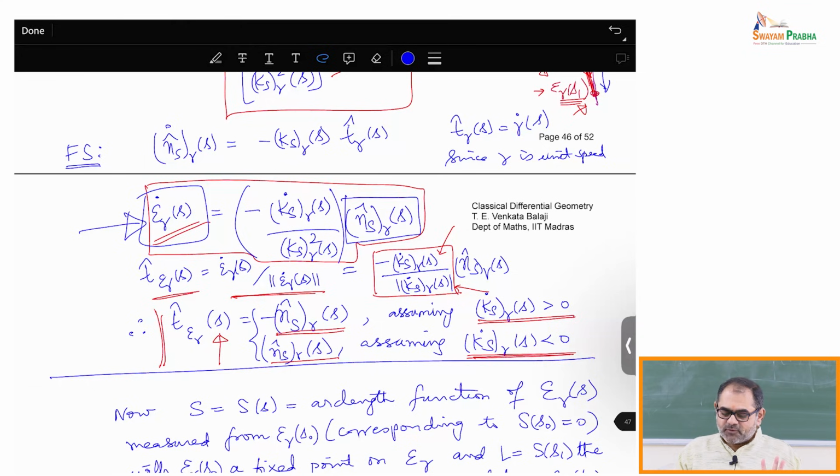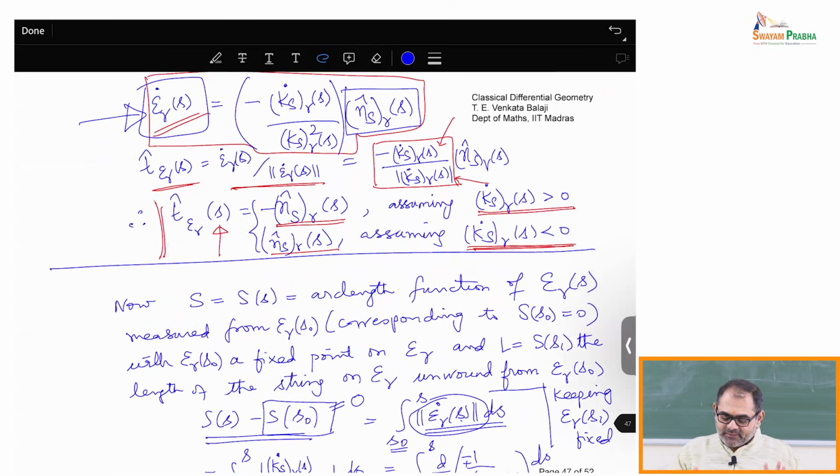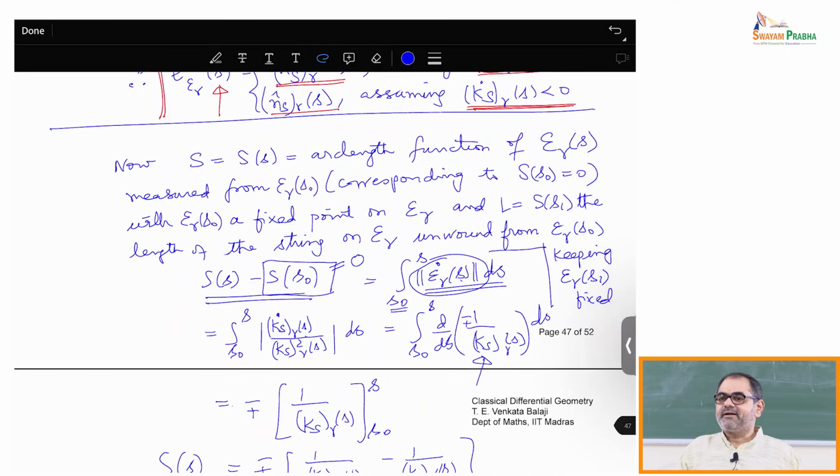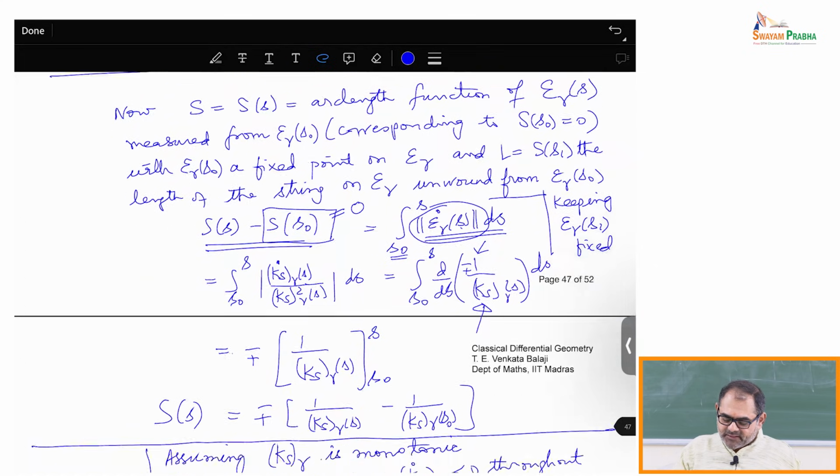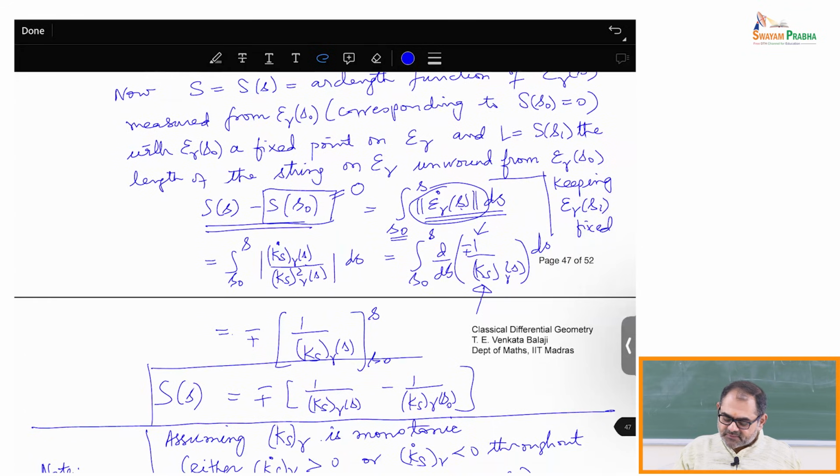So the moral of the story is that you are only integrating this, and with the correct sign here, you have to put a minus or plus, because after you differentiate, it will become plus or minus. So you do this, then by the fundamental theorem of calculus, you will get the formula for this capital S in terms of small s.